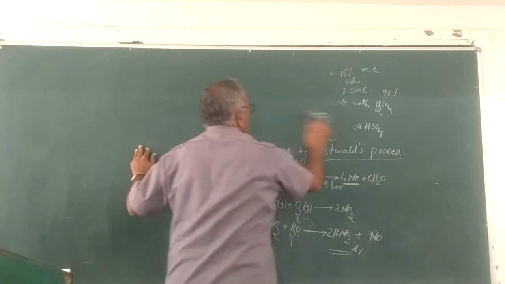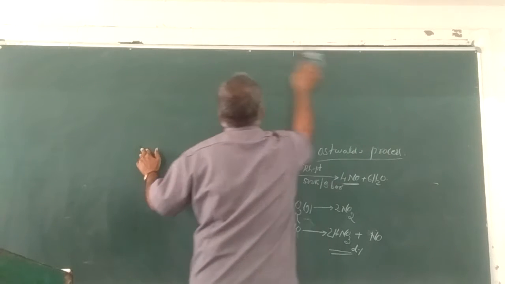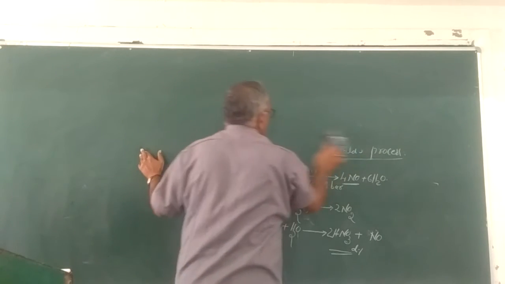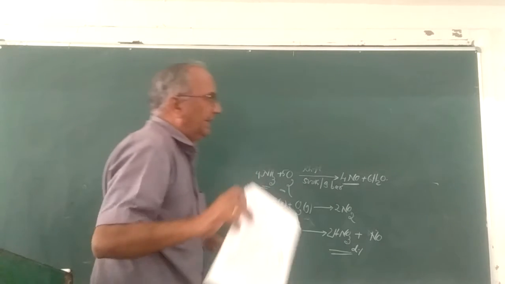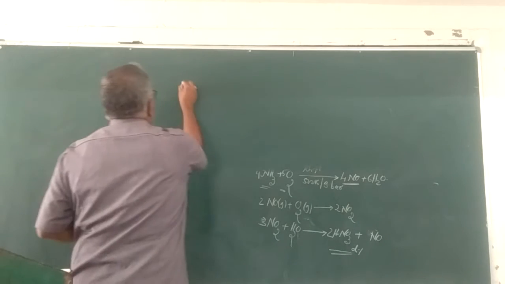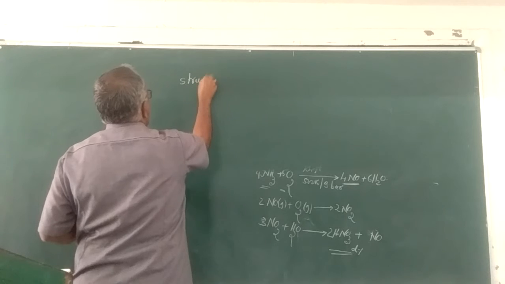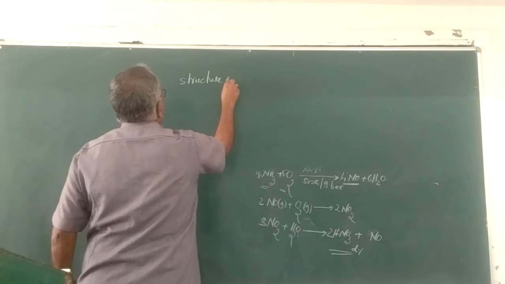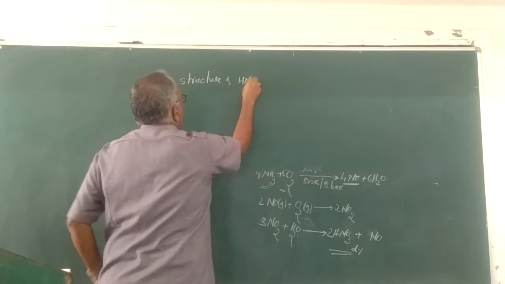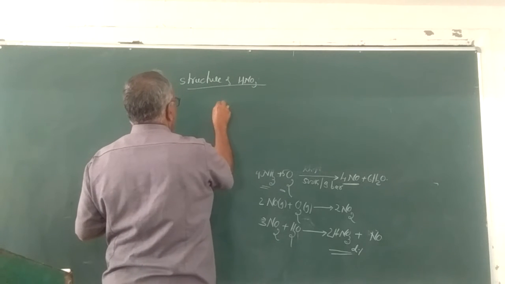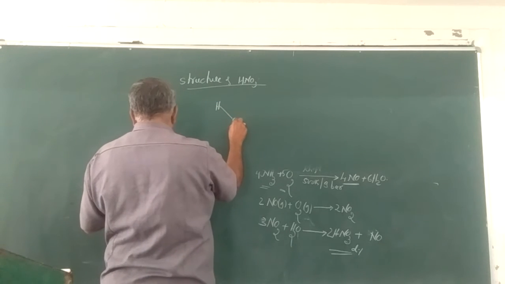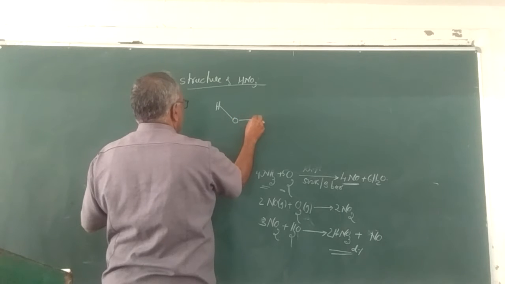Then to understand the structure and the properties of nitric acid, first let us know the structure of nitric acid. This nitric acid is a monobasic acid.